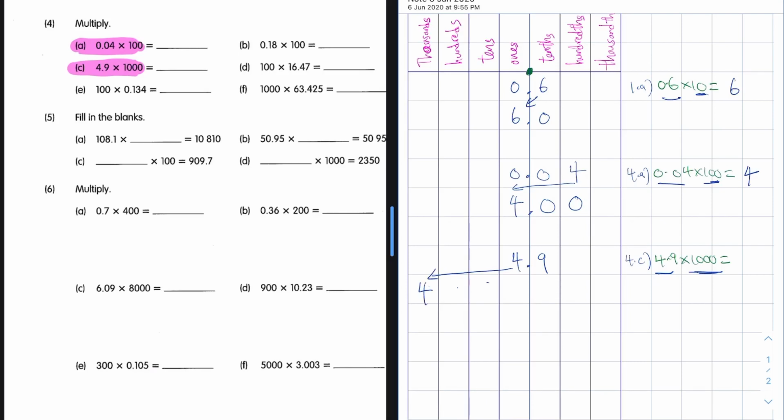The 9 shifts 3 squares here, which is 9 hundreds. And I'm going to fill out the zeros at the end here. Okay, so what we have is 4000s and 900s, which is also 4900.